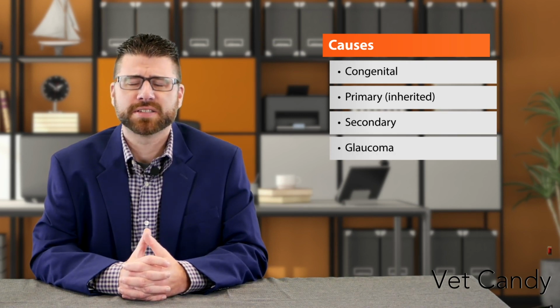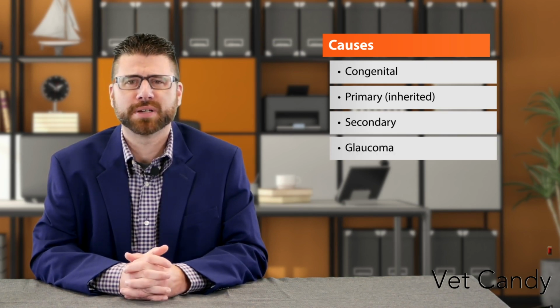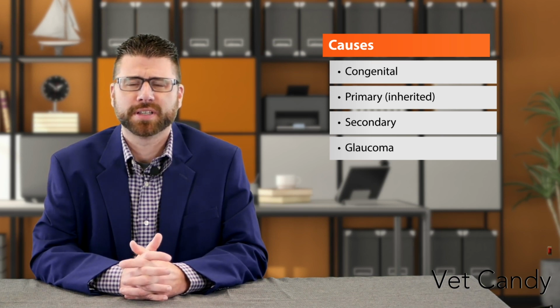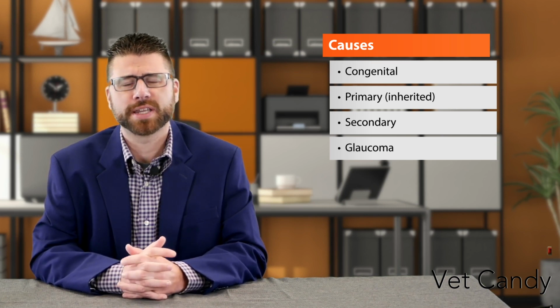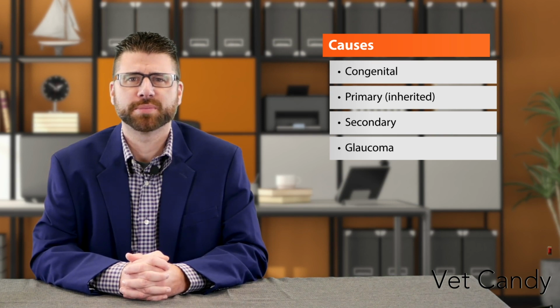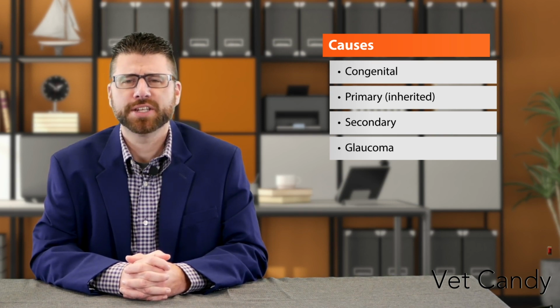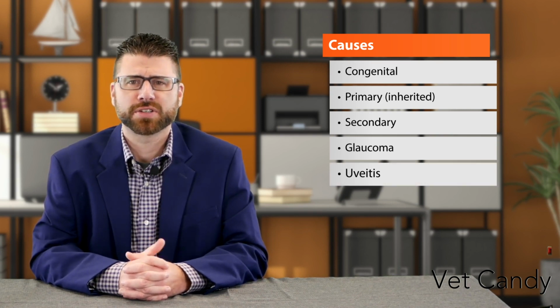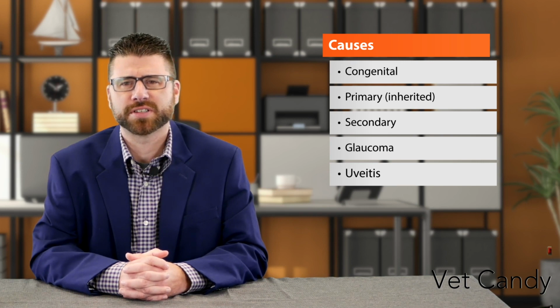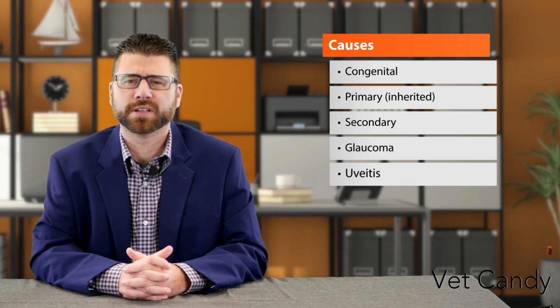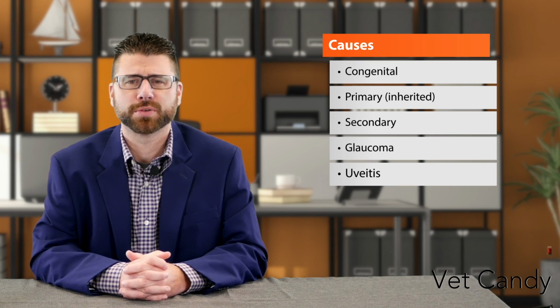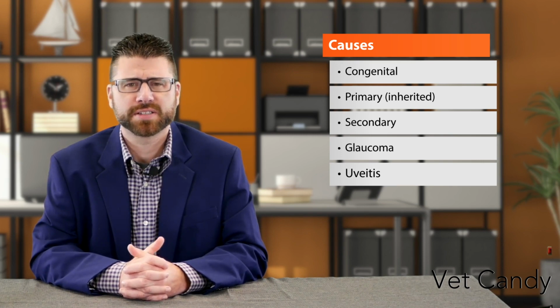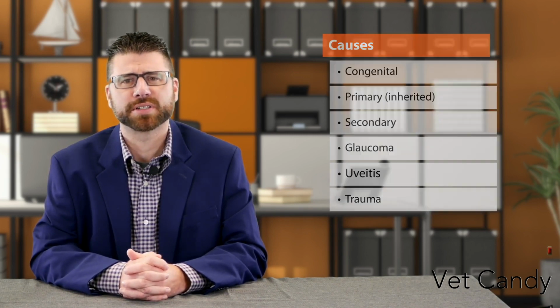As that globe becomes larger or buphthalmic, it stretches and the zonules break, and you can develop a secondary lens subluxation. And then uveitis. Uveitis can also cause lens subluxation as it starts to degrade and erode the zonular fibers that hold the lens in place. And lastly, trauma can also cause a lens subluxation.